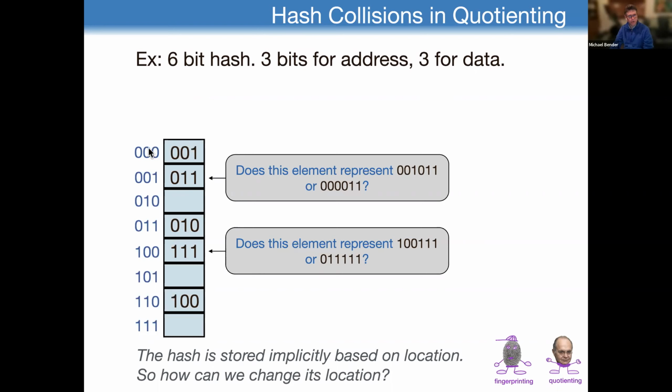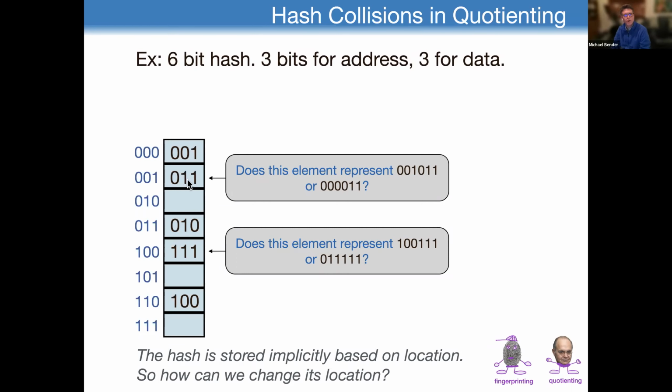This first position is representing the fingerprint 000 001, and there's no ambiguity there. But now let's look at what's stored in the second position in the table, 011. So what does this 011 represent? Maybe it represents the hash 001 011.